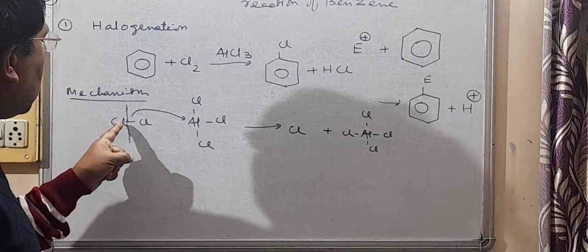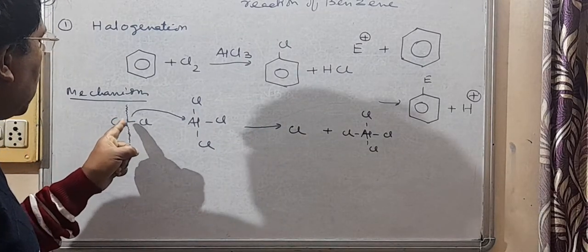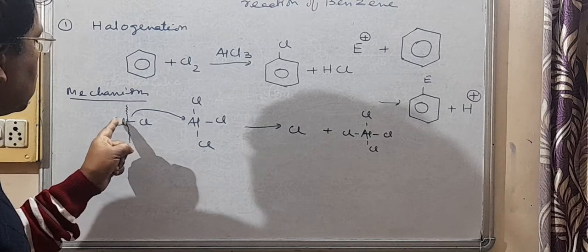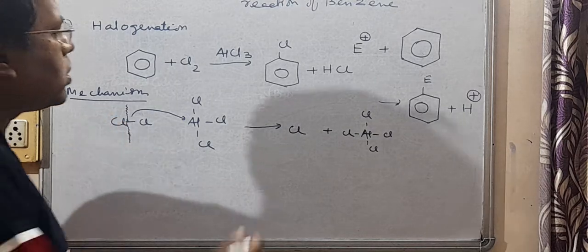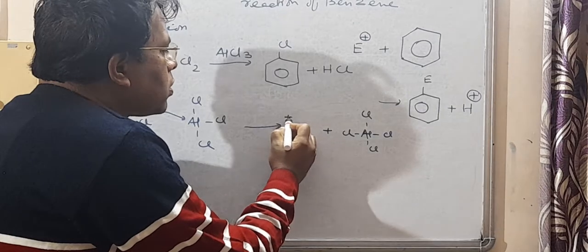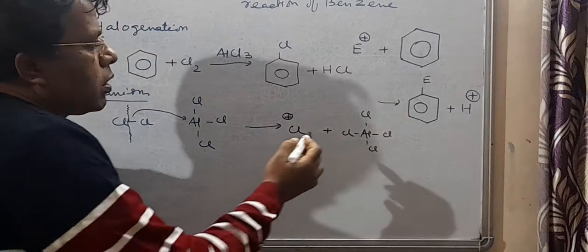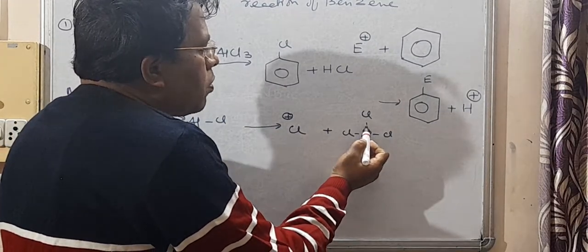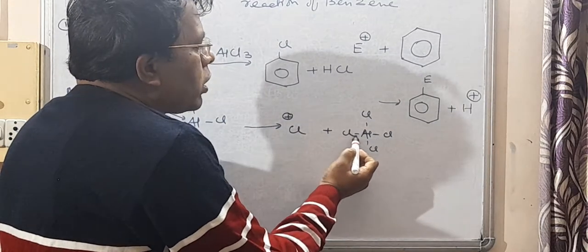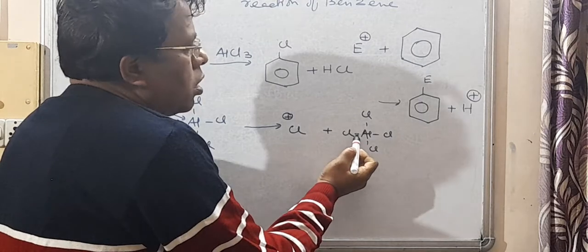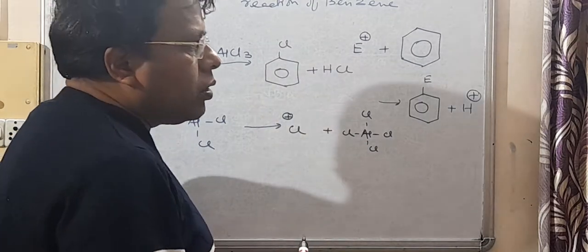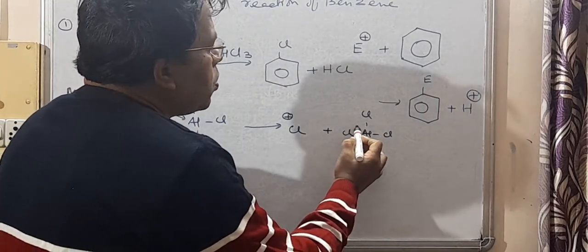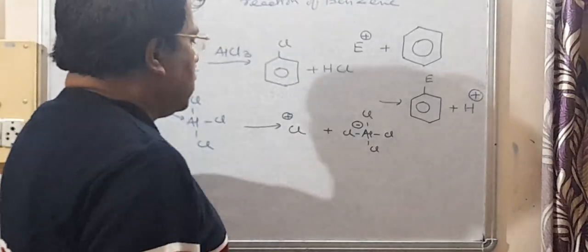Now this Cl has lost its share of electrons, so this Cl will become Cl plus. If you calculate the formal charge, aluminum now has 4 electrons in the outermost shell, whereas normally aluminum has 3, so it is minus.